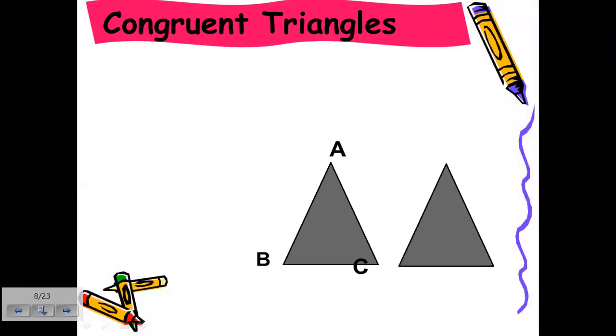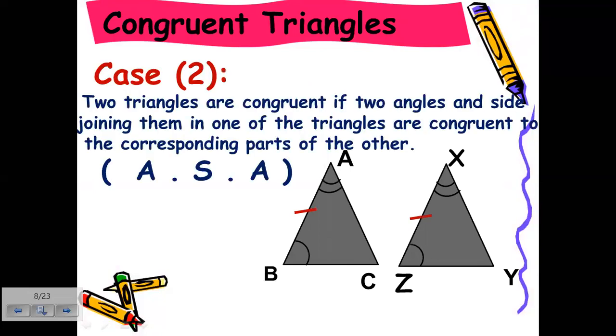If I have this triangle ABC and I have another triangle XYZ, the measure of angle B equals the measure of angle Z, and the side length of AB equals the side length of XZ, and the measure of angle A equals the measure of angle X. This case is angle side angle.